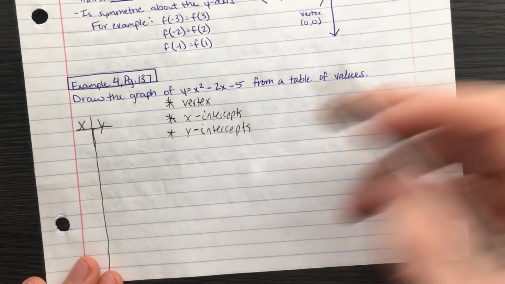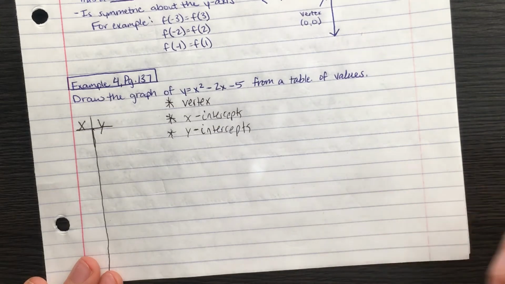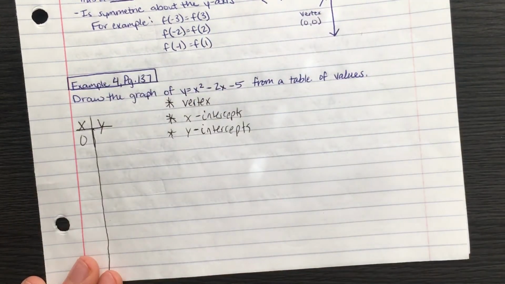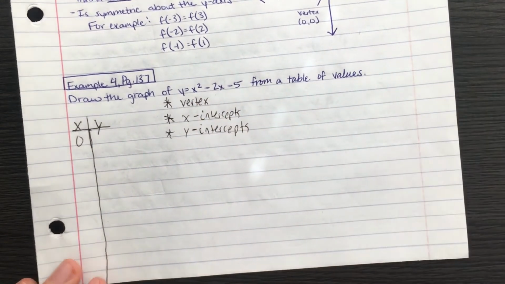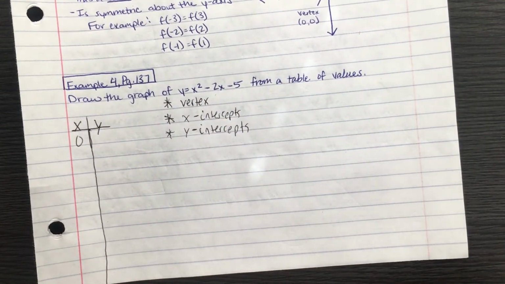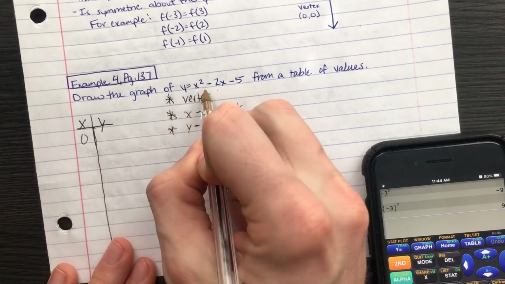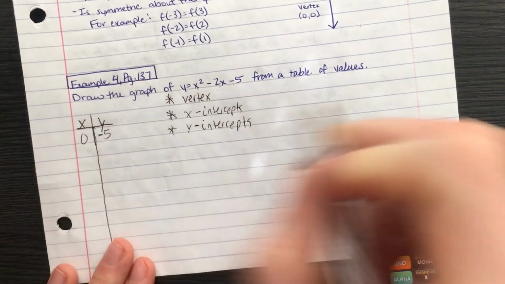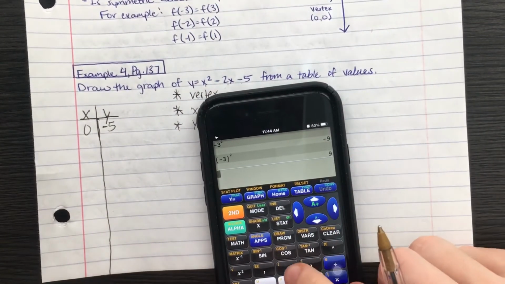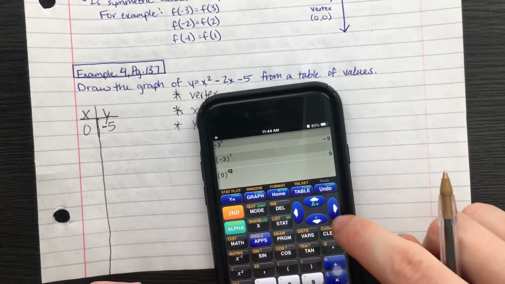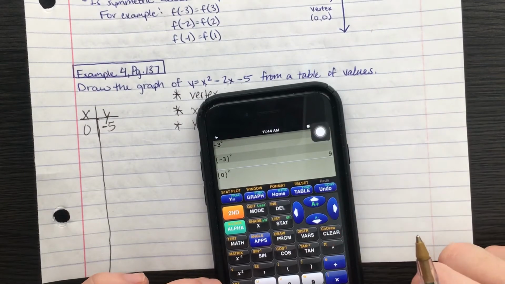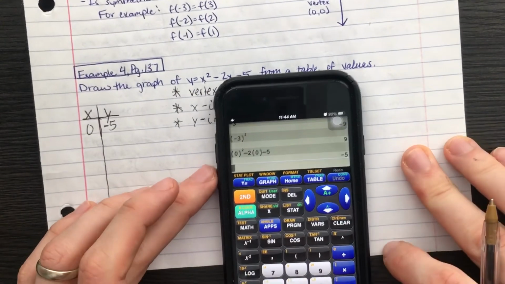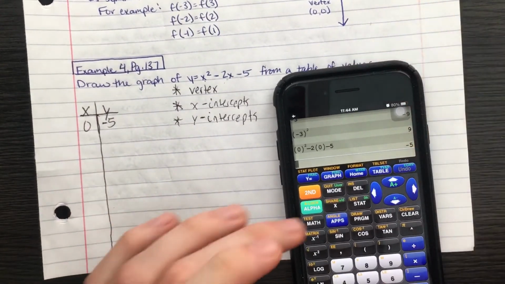So I'm just going to start punching in x values. I'm going to do an x value of 0, which seems the easiest because it takes care of these terms right here. 0 squared minus 2 times 0 minus 5 is 0 minus 5, so that's the point 0, negative 5. I'm going to show y'all a quicker trick to get these plotted.